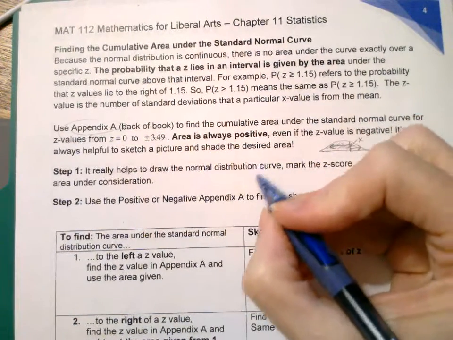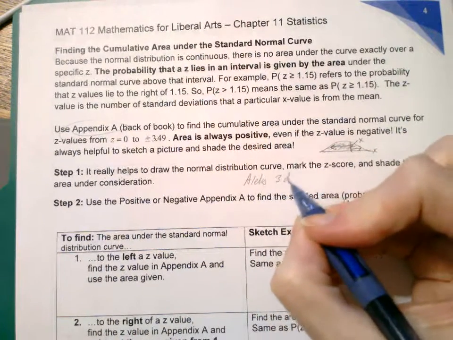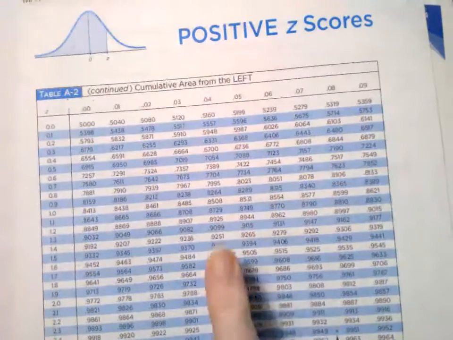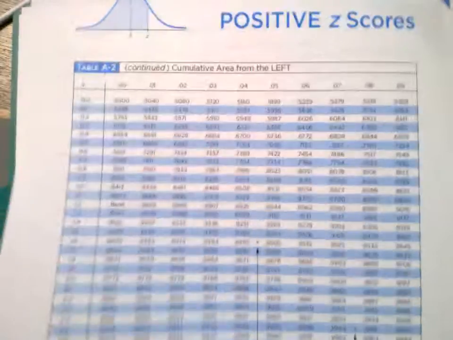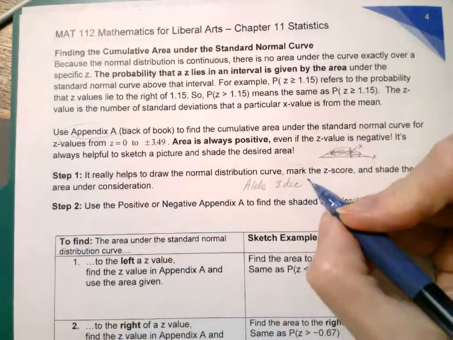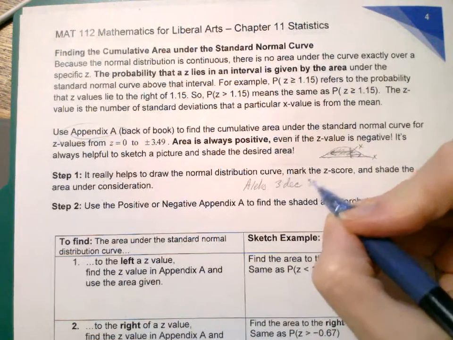Just Alex is odd in that it wants everything rounded to 3 decimal places. If I'm going to use these, they all have 4 decimal places. So I'm going to round my areas to 3 decimal places, even for the percentages, okay? And use standard rounding rules.